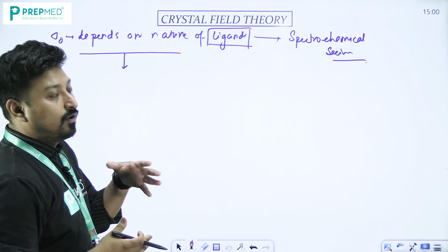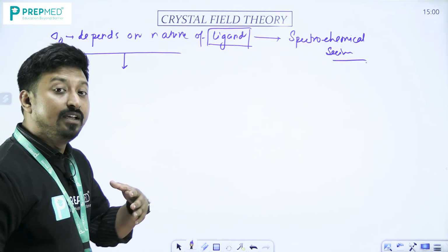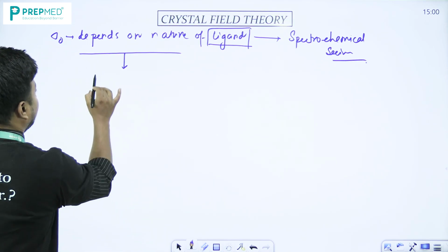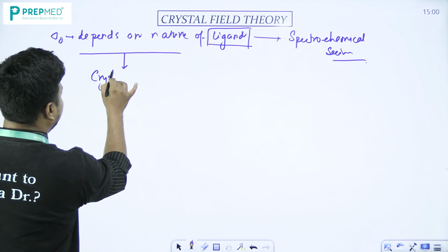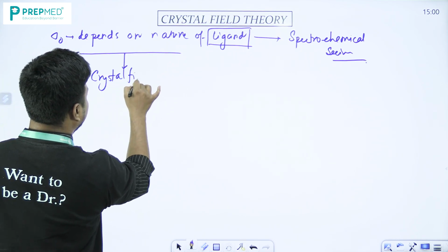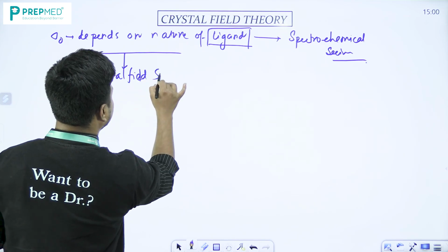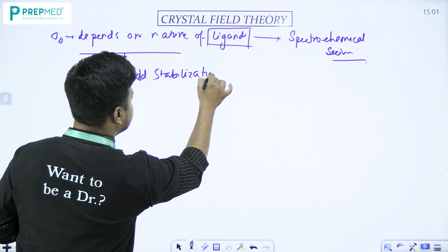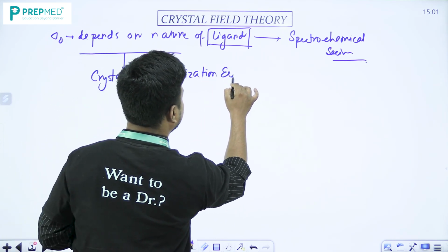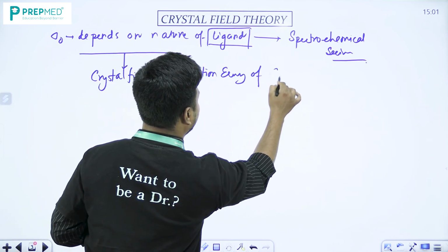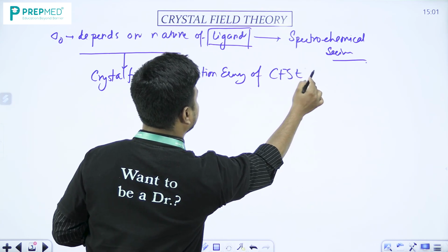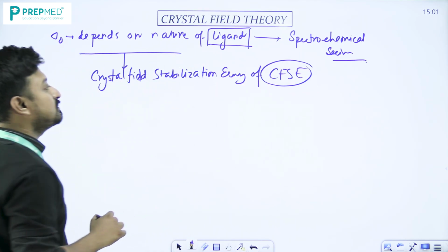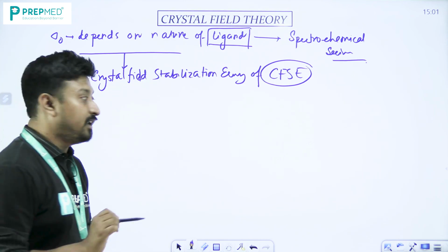After the splitting, this energy stabilizes the system, and that is called crystal field stabilization energy, or CFSE. In short, it's called crystal field stabilization energy.